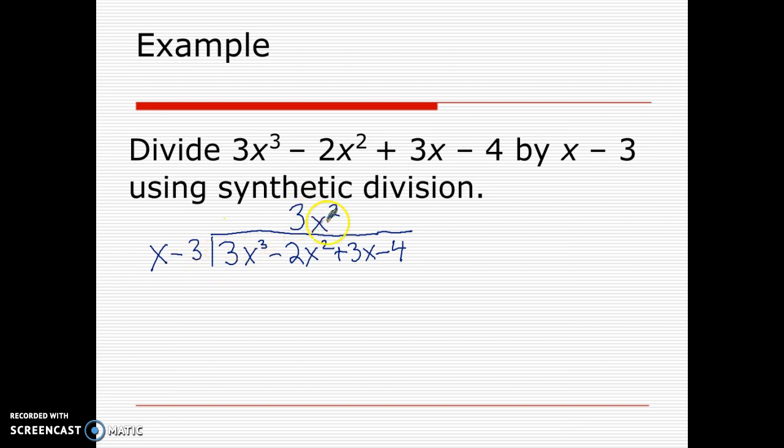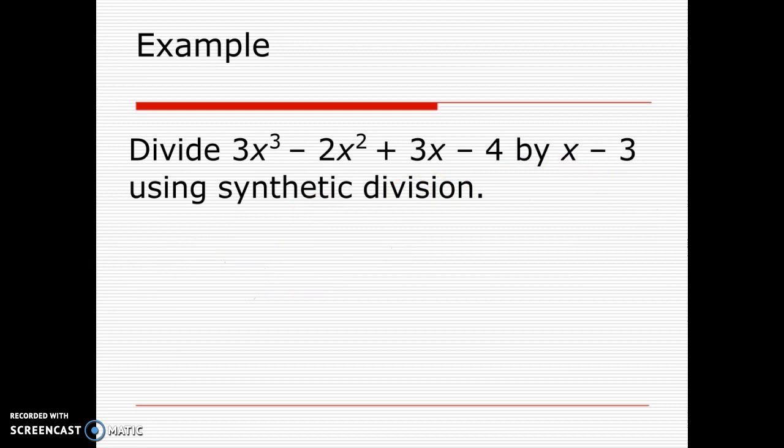So 3x squared, and we do the multiplication, and we get 3x cubed minus 9x squared, and we can continue, right? But my point in showing you the long division is to make that point: when the divisor is of the form x minus a, the first coefficient of the quotient is always the same as the first coefficient of the dividend, okay? All right, let's clear all that and do this with synthetic division.